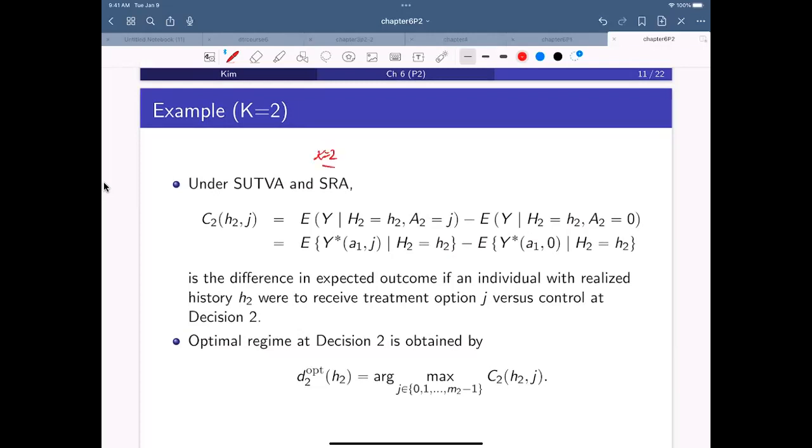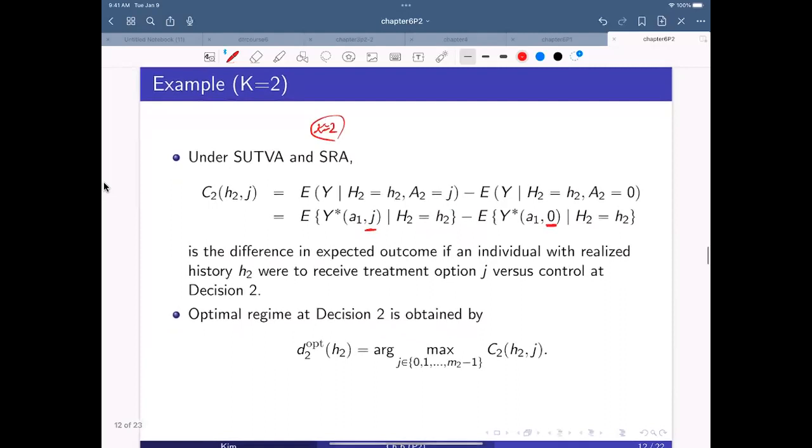So the decision we want to compare is the second decision, A2 equals J versus A2 equals 0. That is the difference in the expected outcome if an individual with realized history H2 were to receive treatment option J versus control at decision 2. And then the optimal regime at decision 2 is obtained by the maximizer of this contrast function at K equal 2.